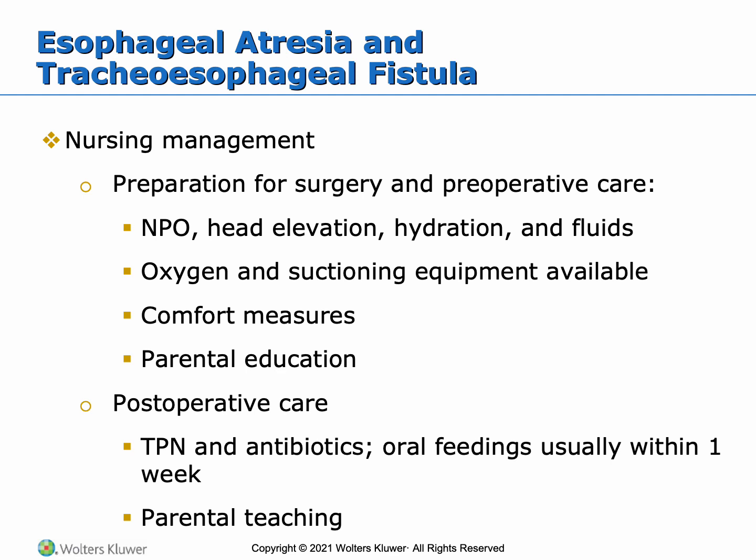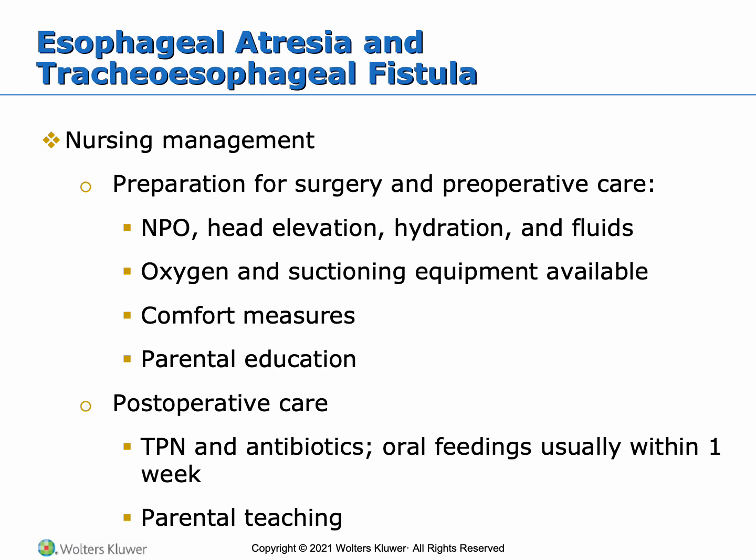And then for post-op care, immediate surgical management involves creating a gastrostomy opening for a tube for feeding and continuous suctioning of the blind esophageal pouch. Surgery consists of closing the fistula and joining the 2 esophageal segments.